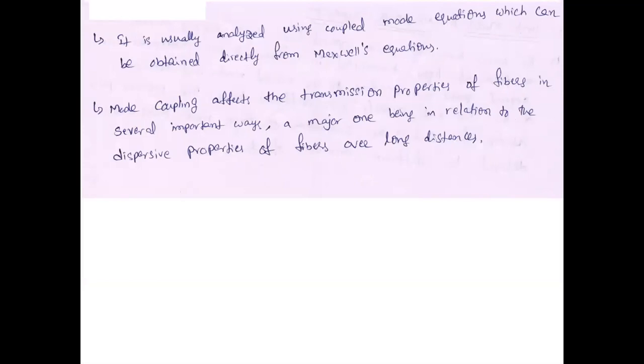This type of mode mixing or mode coupling is derived from Maxwell's equations. Here, mode coupling affects the transmission properties of the fibers in several important ways. A major one is related to the dispersion properties of the fibers over long distances. We'll discuss one of the properties, the dispersion property.